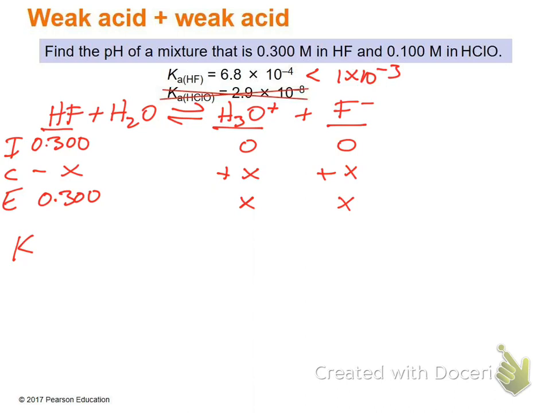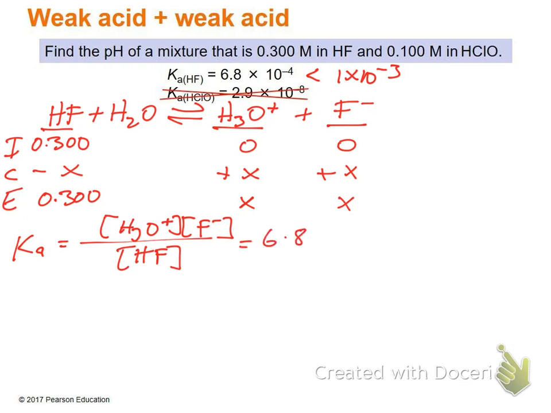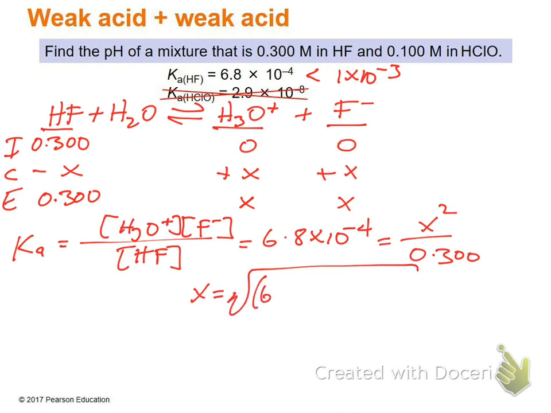And then we generate our Ka expression, so that would be H3O plus times fluoride ion concentration divided by HF. And this is equivalent to 6.8 times 10 to the negative fourth. That's equivalent to x times x, which is x squared, divided by 0.3. All right, and then you can isolate x by taking the square root of the product of Ka and 0.3.